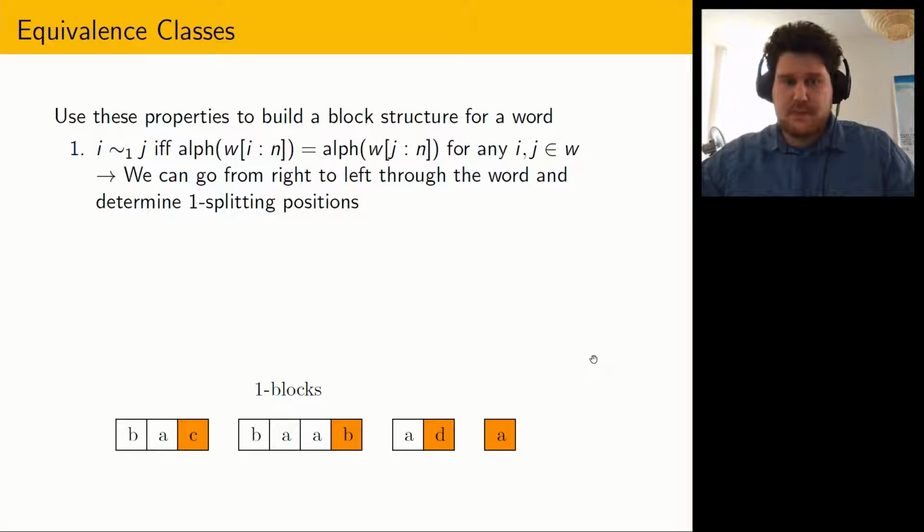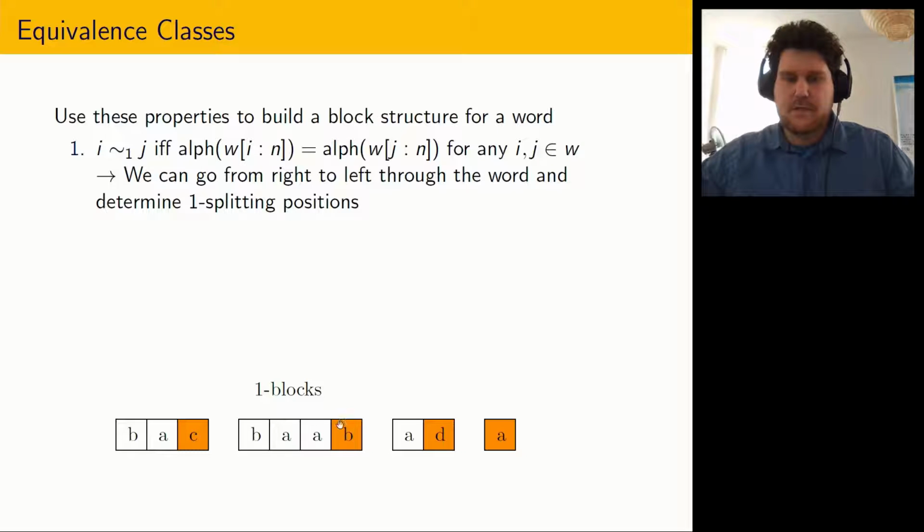Now the interesting part is how to find the two blocks. For every k, let's assume we already have calculated for k, we take any block, we ignore its splitting position, and then we go through the rest and do the same procedure again, okay? So that is, look at the BAAB here in the middle.